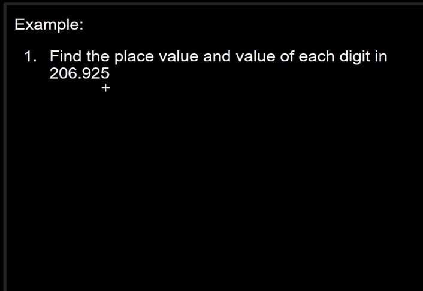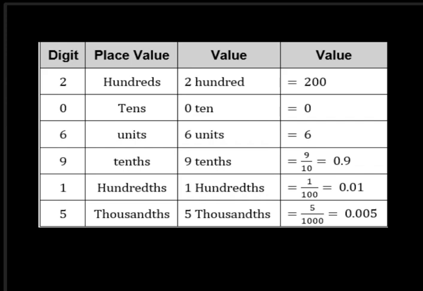Okay, let's see. Find the place value and value of each digit in 206.915. We are taking the two of them at the same time. I think this has been done, so you just also study it as we go.